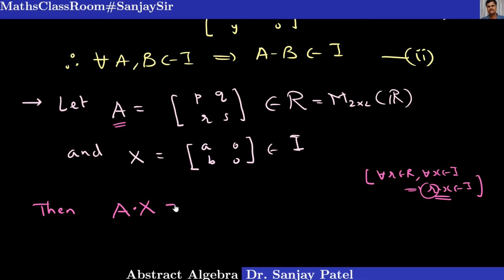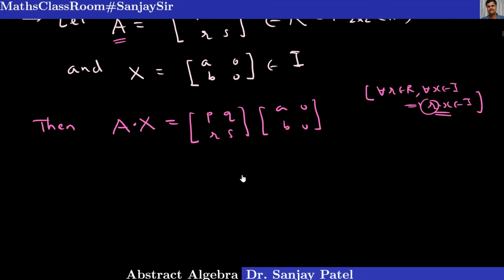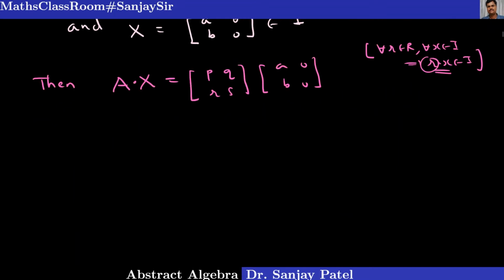So A into X, that is P, Q, R, S multiplied by the element A, 0, B, 0, like this. Now if you multiply these two, what you will get is, you know how to multiply two matrices. The first row is kept fixed. It is multiplied with this first column.